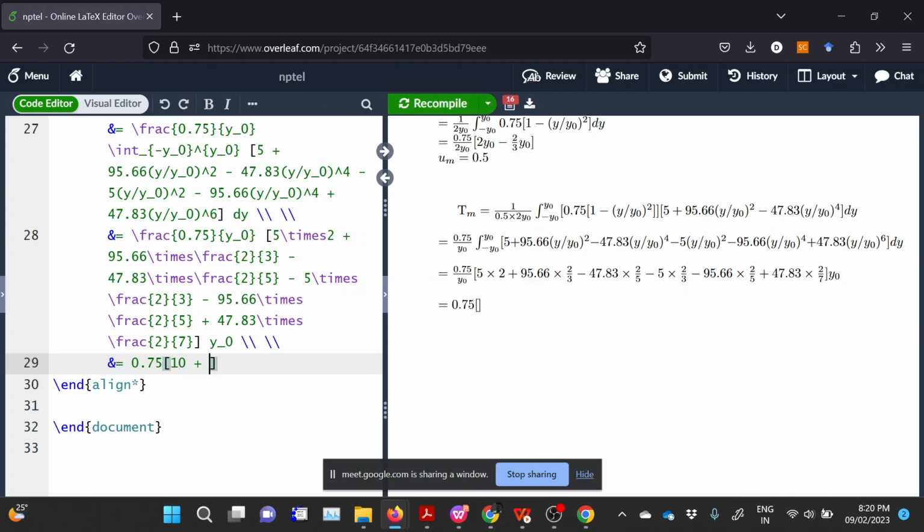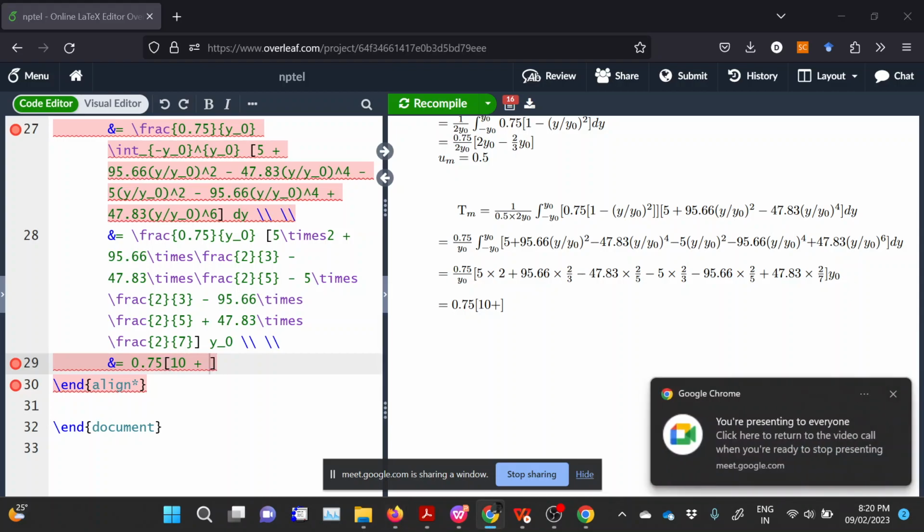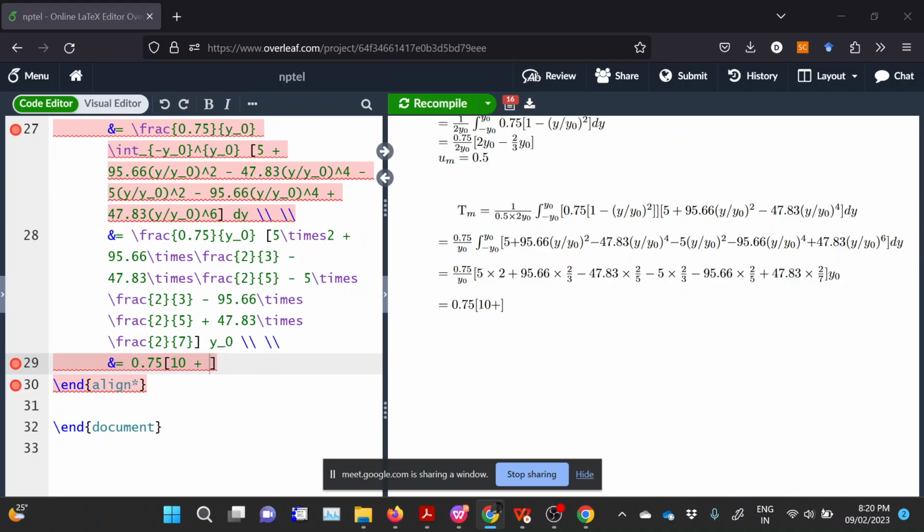Can anyone tell me what the value of that is? 95.66 into 2 by 3. It's something around 63.77, is it? Sixty-three point seven seven.